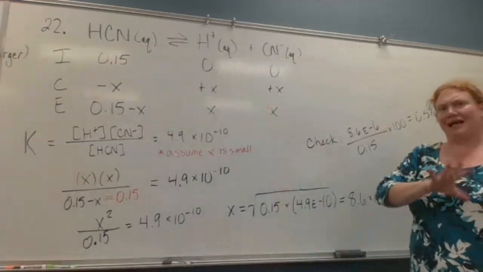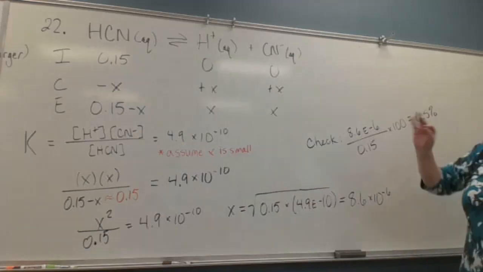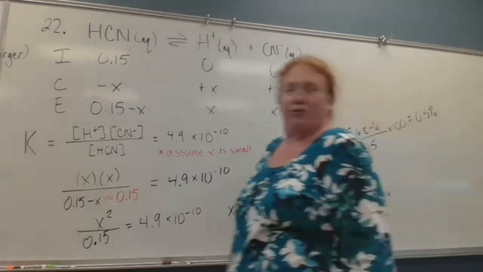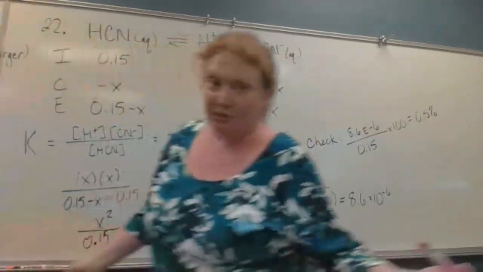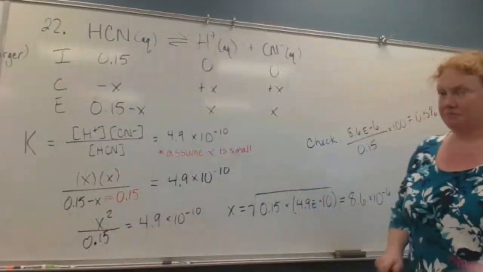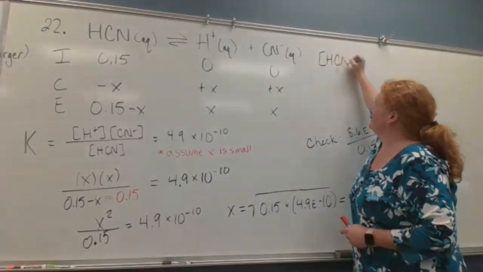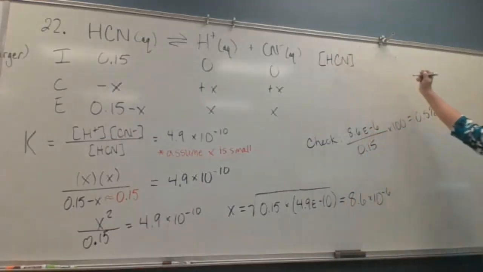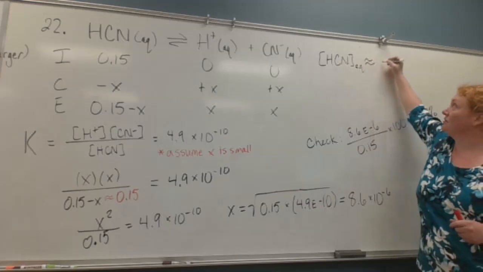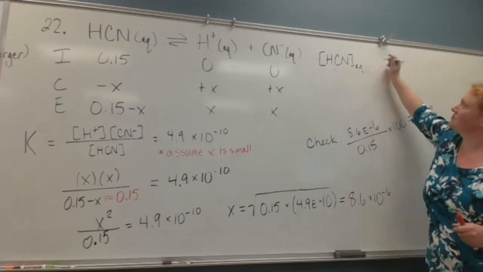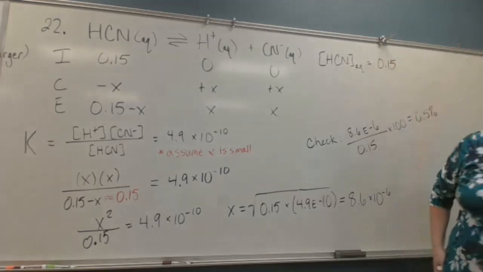Don't forget what the question is actually asking. We do all this to solve for x, but be sure you read what the question actually asked for. I think it says, what are all the equilibrium concentrations, right? So what is the concentration of HCN at equilibrium? It's basically unchanged, right?